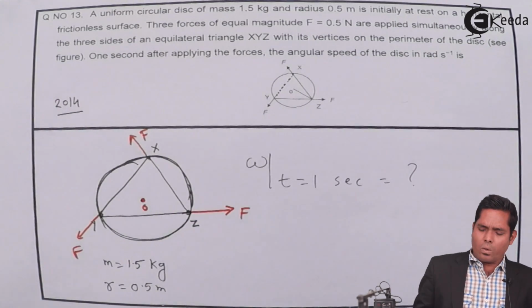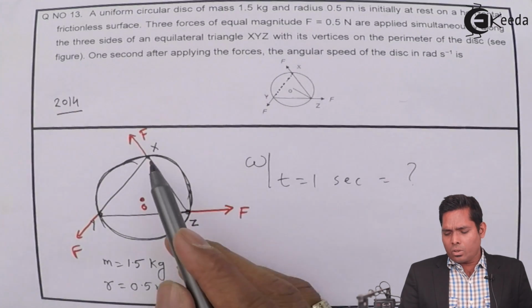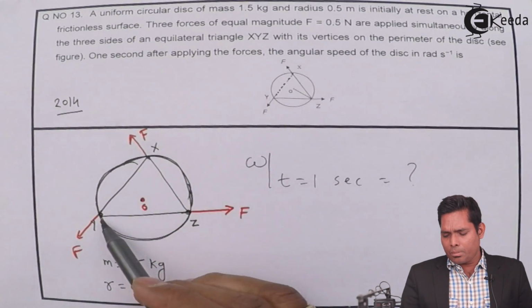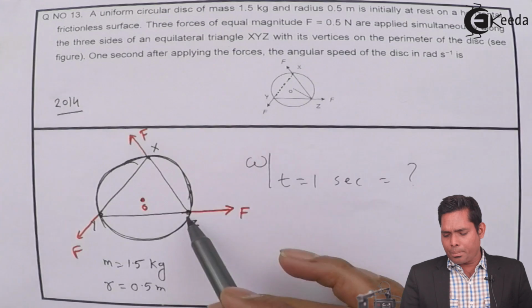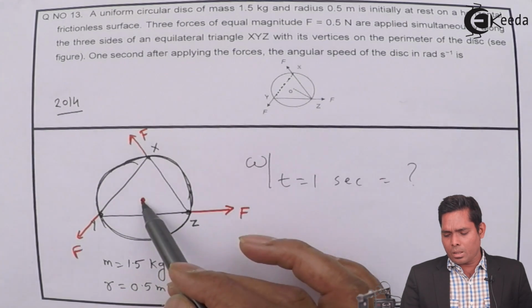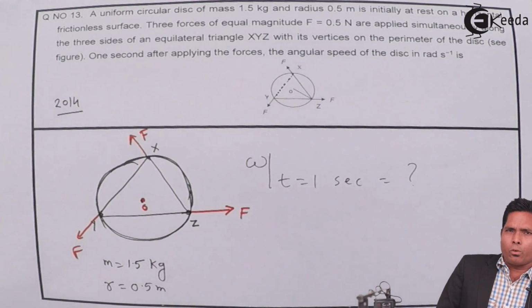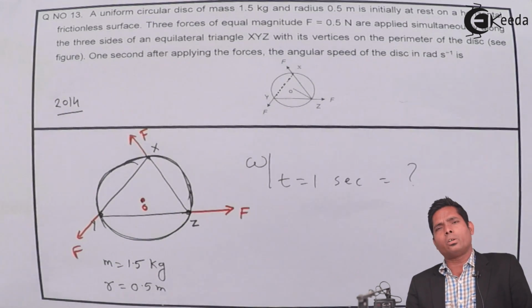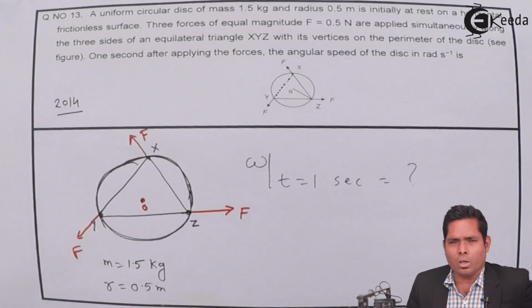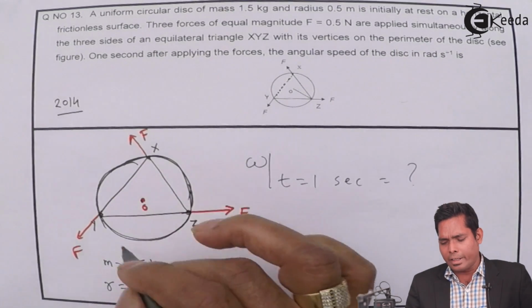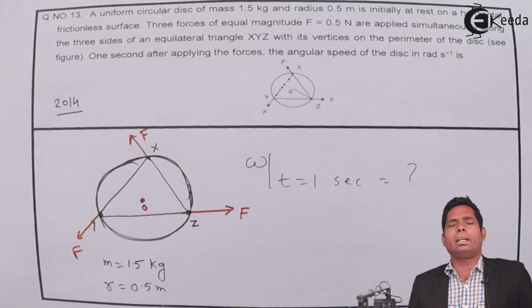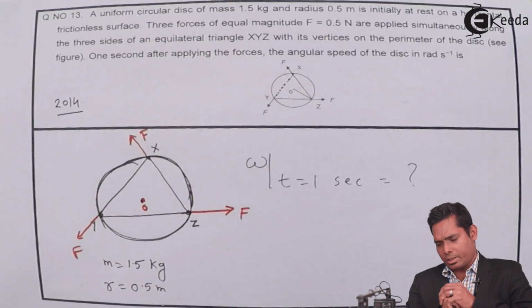So if it is in anti-clockwise sense, then the torque, because of the symmetry, the forces are placed at equidistance from this point. So the torque due to any one force must be similar to the torque due to the other two forces. So you have to find the net torque first. Now what is the net torque acting on the disc?